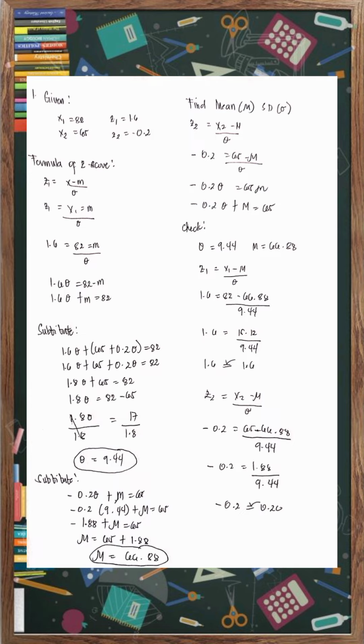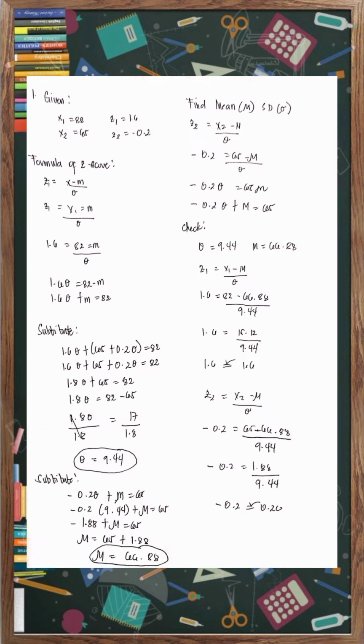Then, Z2 equals X2 minus M over standard deviation. Negative 0.2 equals 65 minus M over standard deviation. So, negative 0.2 standard deviation plus M equals 65, which is mean. Check.